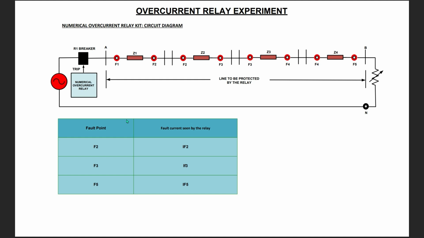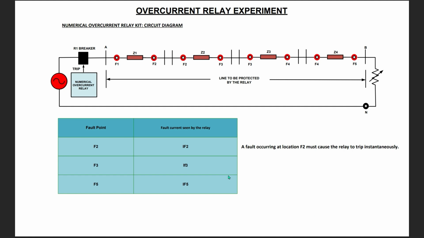Here we want to create faults at F2, F3 and also F5 to determine the relay settings. The corresponding currents are IF2, IF3 and IF5. The IF2 current is required because the question mentions that the relay is to trip instantaneously when there is a fault at F2.